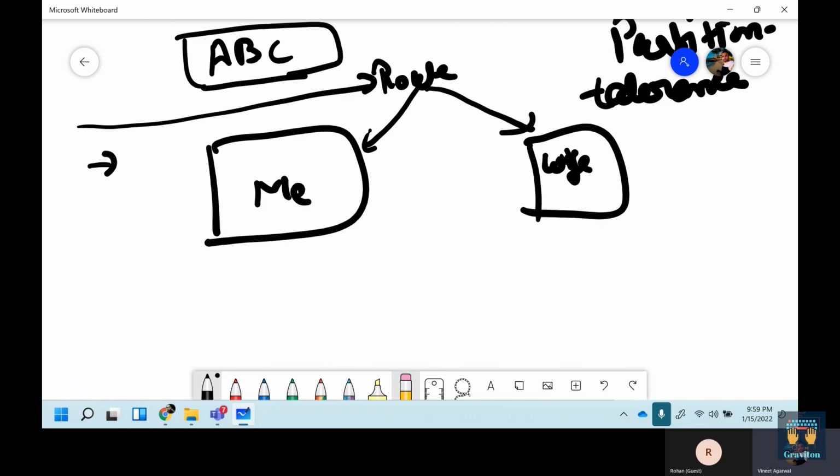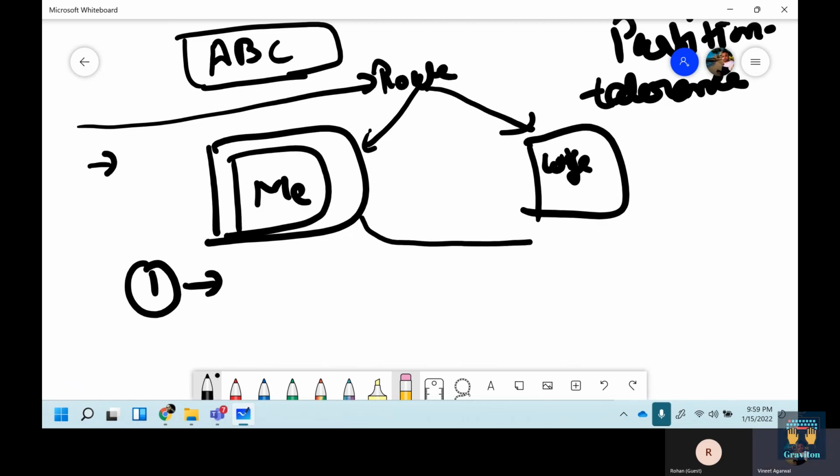But the problem comes now. Whatever entries I have, my wife doesn't have, and whatever entries my wife has, I don't have. So there is no synchronization between us.